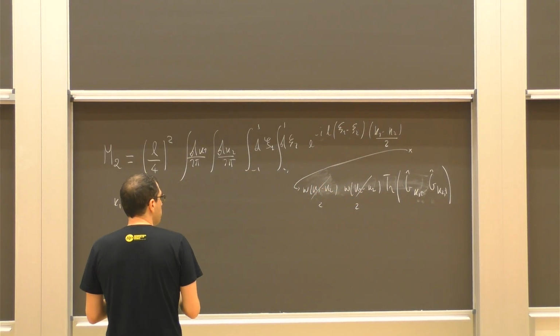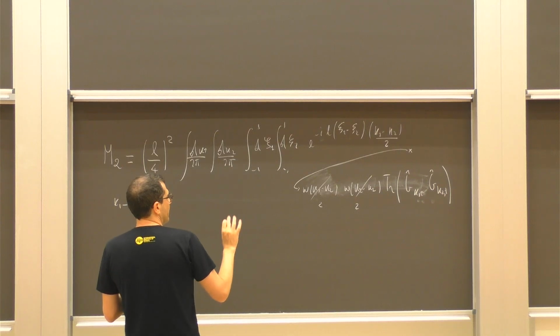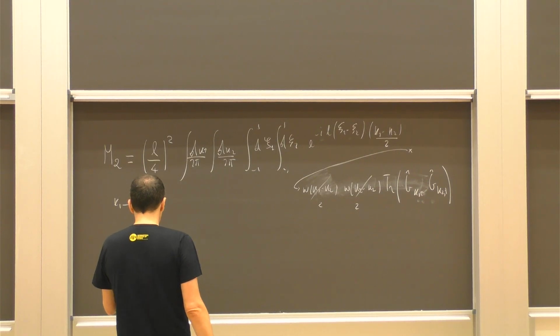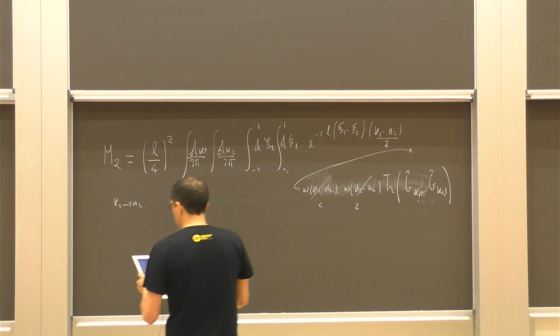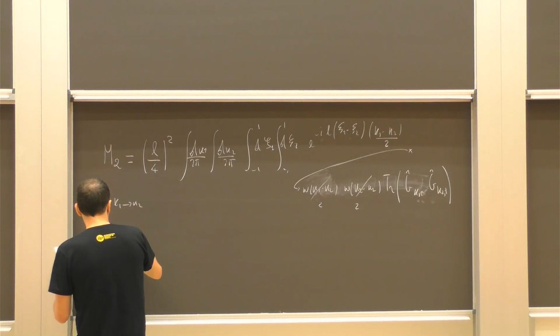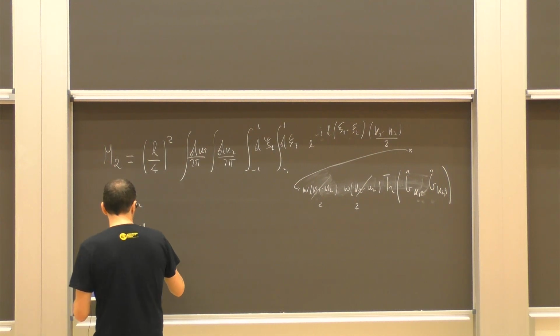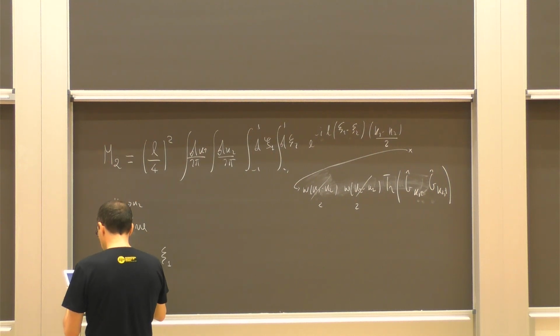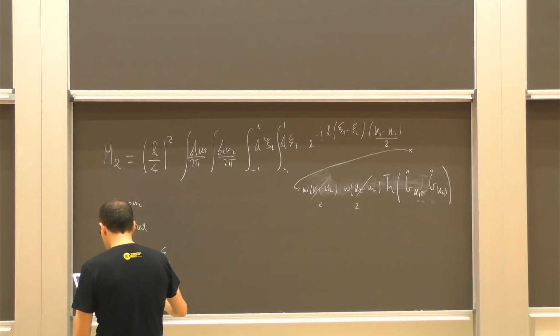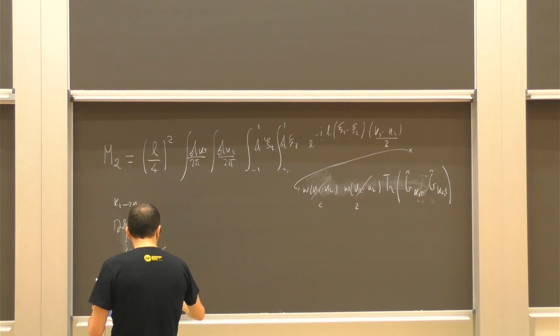So let us also do something convenient. Let us define a new variable z0, which is equal to xi1, and z1, which is equal to xi2 minus xi1.